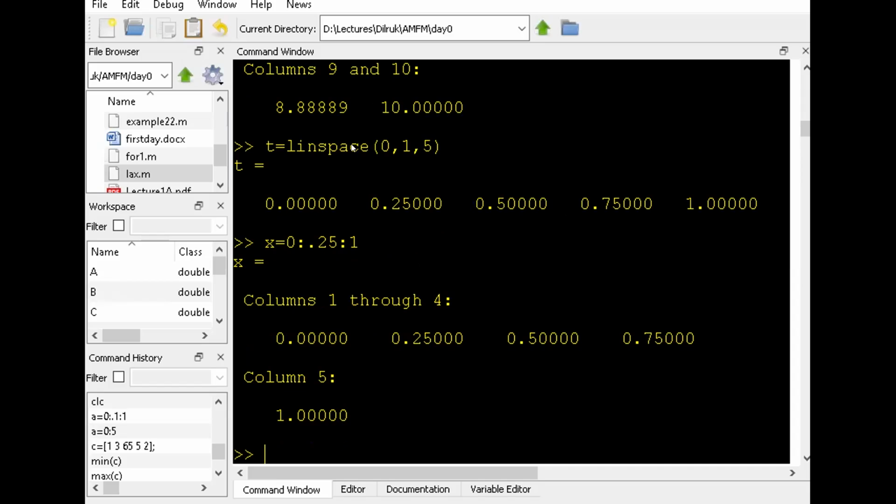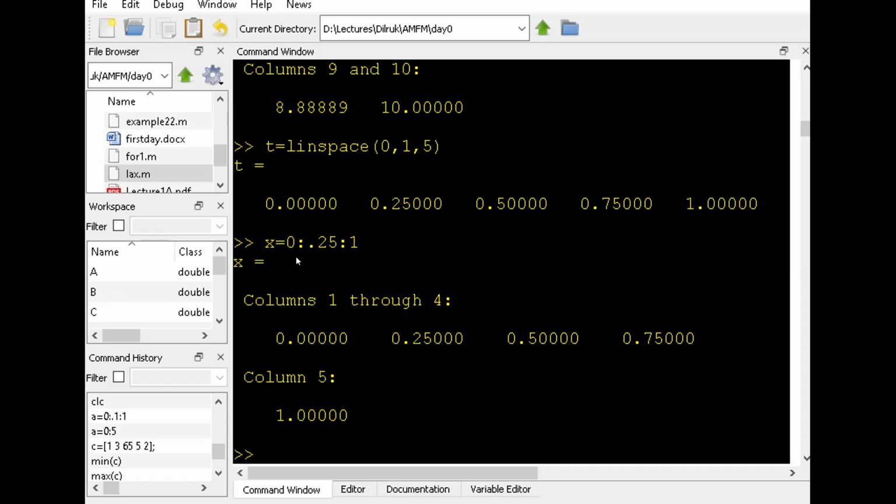So you can use either of these two, right? You can use linspace or this one. The length of the subinterval is this one, and this is the left end of the interval, this is the right end of the big interval.